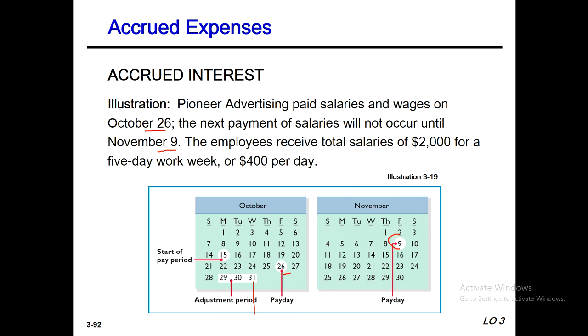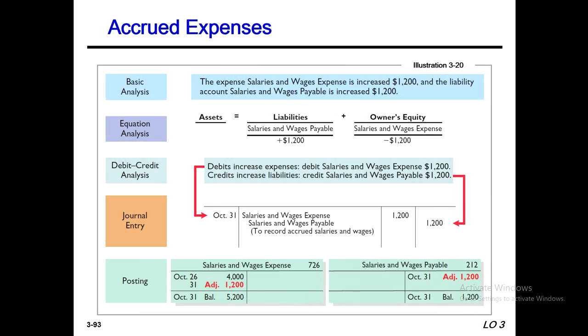For this salary, 2,000 for a 5-day week, the per day salary will be 400. So 3 days of salary will be 1,200. Okay, 1,200.